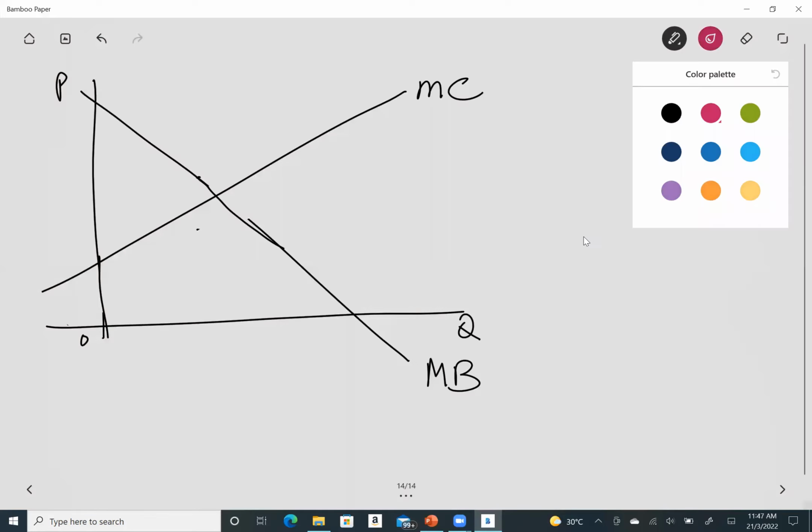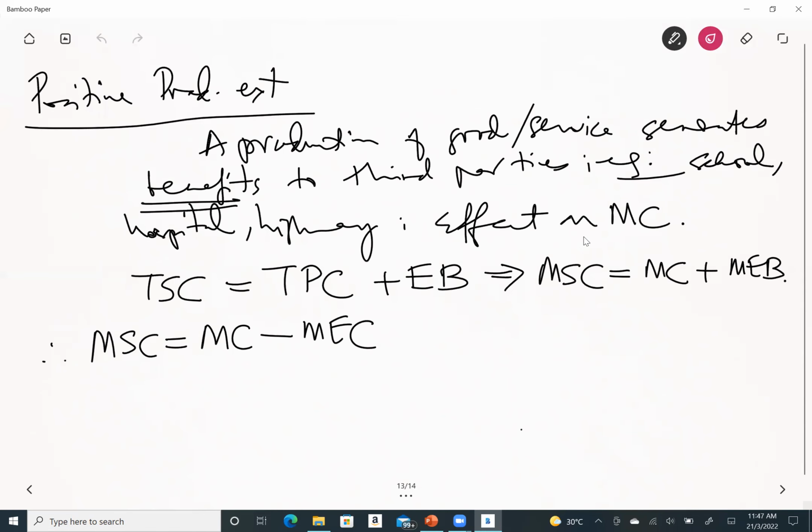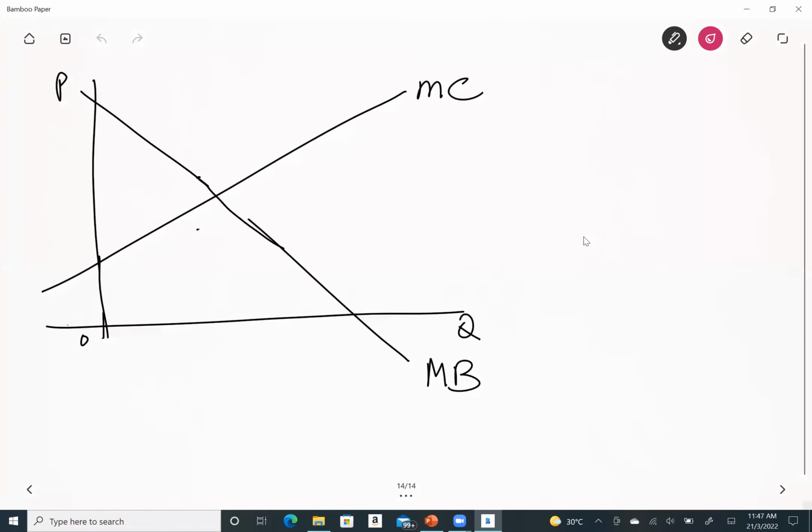Now, you know there is external marginal benefit. It's easier to see like this: MEB is equal to negative MEC. If you talk about MEC negative, then it's easier to see. So how does it relate? MSC is equal to MC minus MEC at any output level, say Q1. Then you get the MSC.